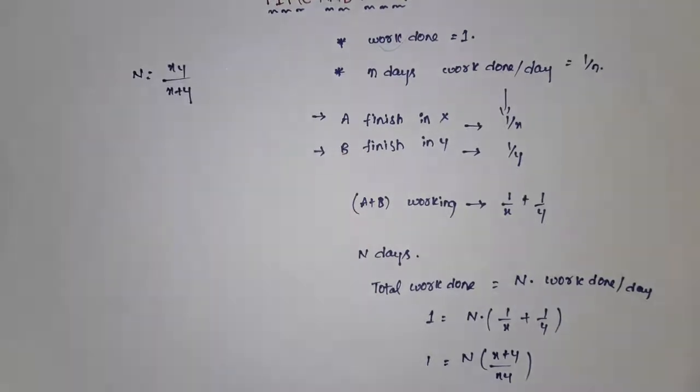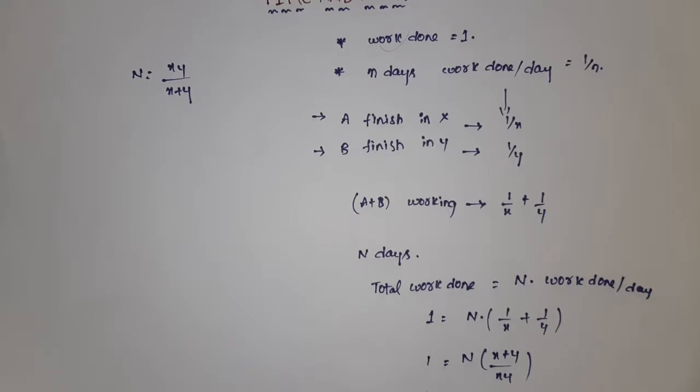where X is the number of days taken by A to finish the work, and Y is the number of days taken by B to finish the same work when they are working alone. So the time taken when they are working together is XY by X plus Y. This is a very important formula.